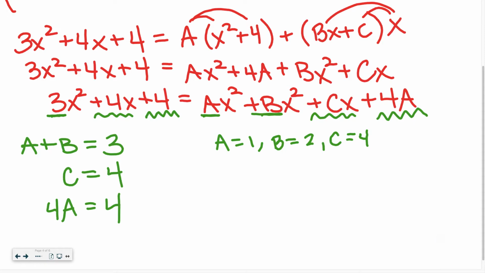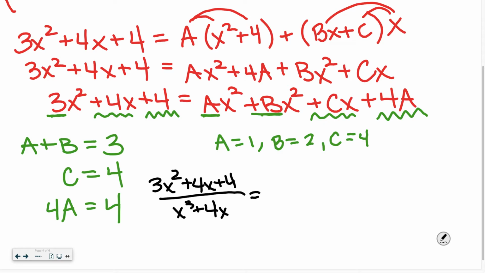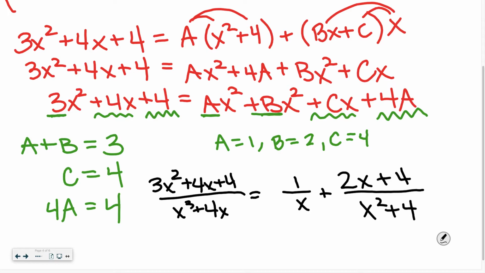So our original fraction of 3x squared plus 4x plus 4 all over x cubed plus 4x would break apart into a over x plus bx plus c all over x squared plus 4.